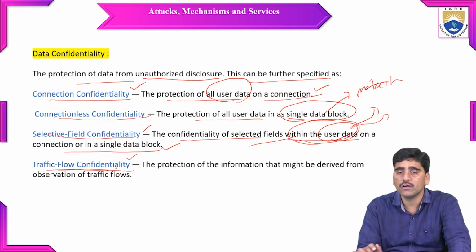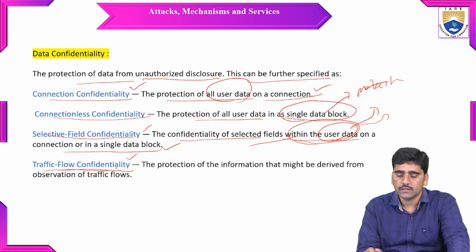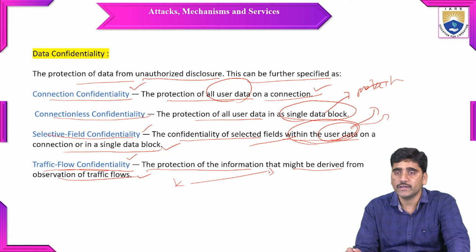And traffic flow confidentiality. The protection of the information that might be derived from observation of traffic flows. We are observing the data of all the users to find whether there is any chance of losing the data of a particular user.